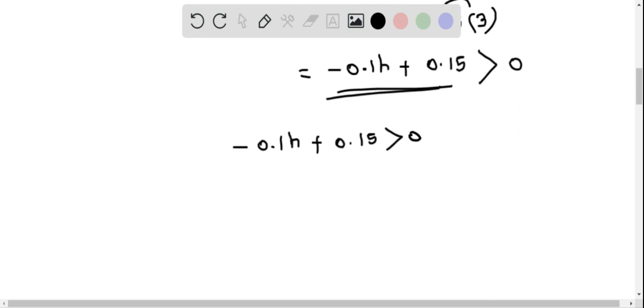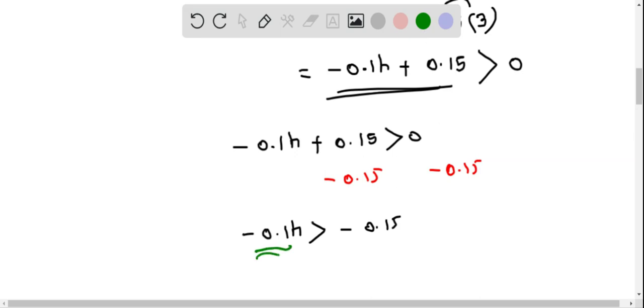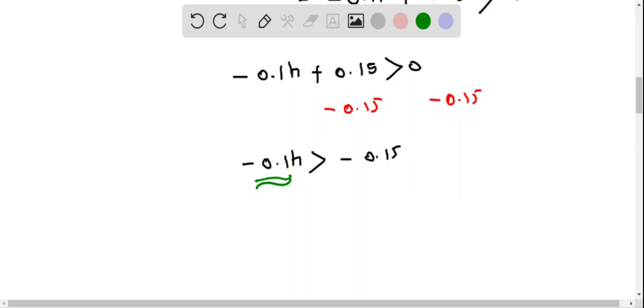To solve for H, I'm going to subtract 0.15 from both sides. So we will have negative 0.1 H greater than negative 0.15. Now I divide both sides by negative 0.1. Remember that in an inequality, if you divide by a negative number, we have to flip the sign. So this inequality sign has to be flipped.